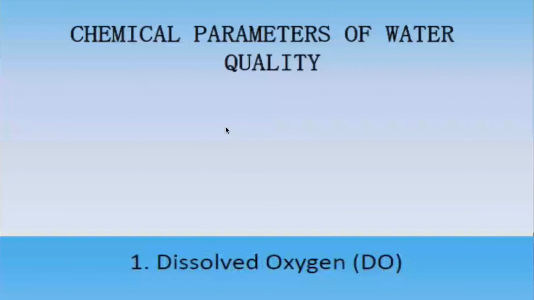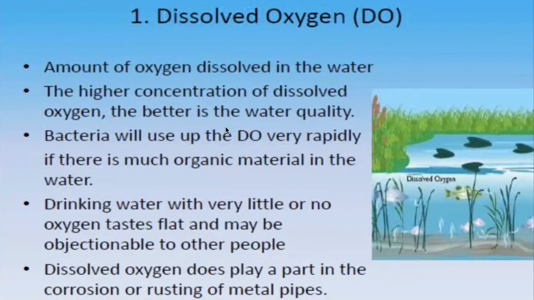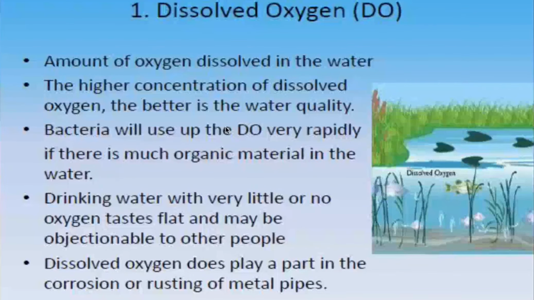For the chemical parameters of water quality, the first one is dissolved oxygen. So maybe some of you have an aquarium in your house. Do you have an aquarium in your house? If you have, have you tried to observe where you can find the fish when there is an aerator, and where you can find the fish if there is no aerator?